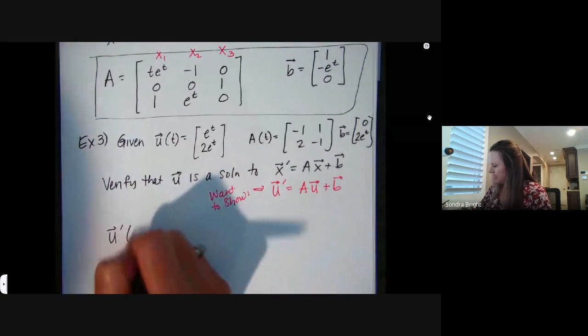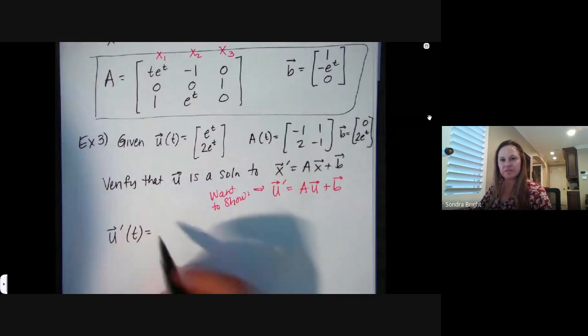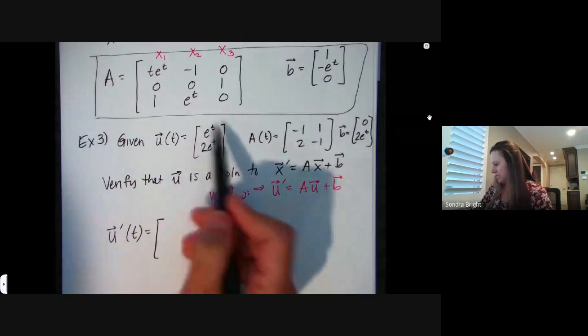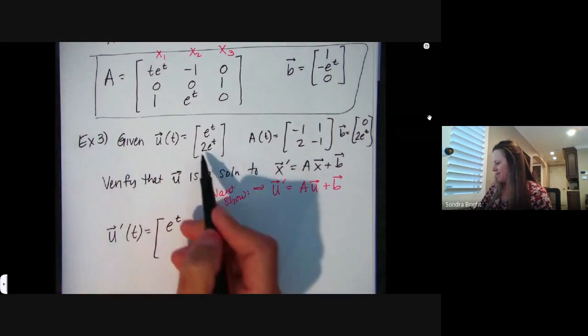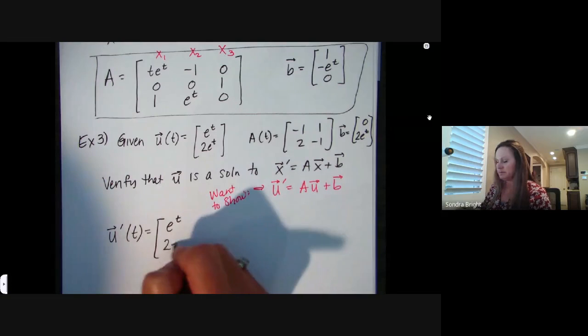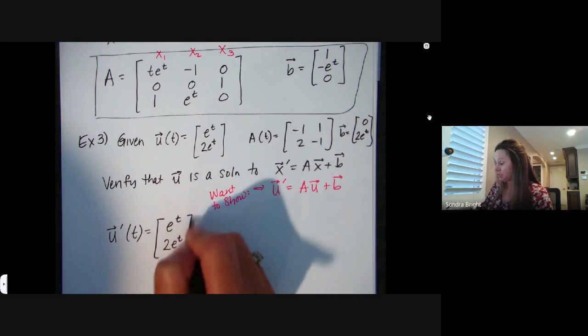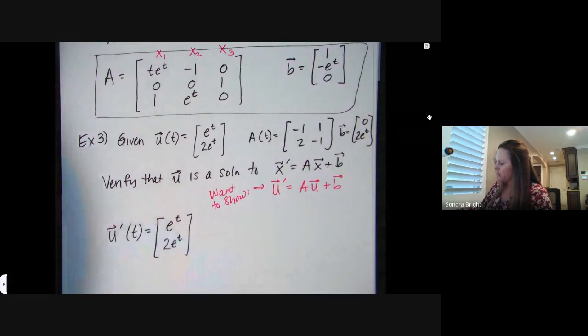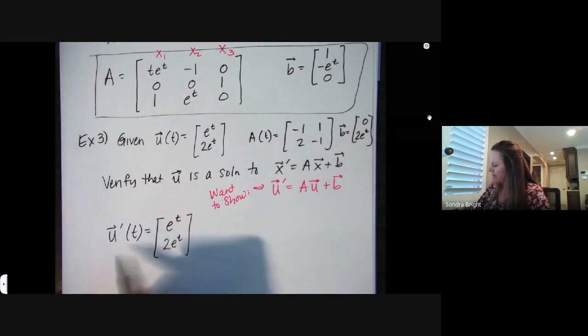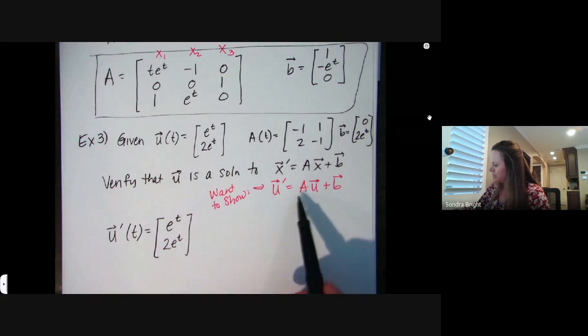It's going to be the derivatives of each of these functions. The derivative of e to the t is e to the t. The derivative of 2e to the t is 2e to the t. That wasn't very exciting, but it is what it is. That's U prime.